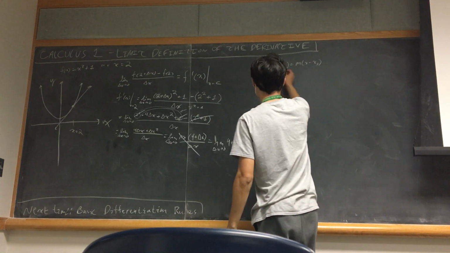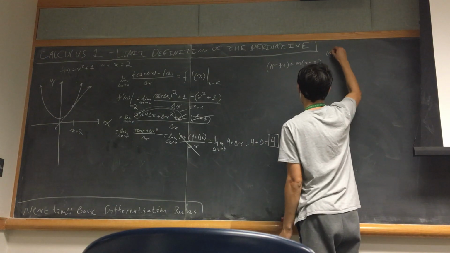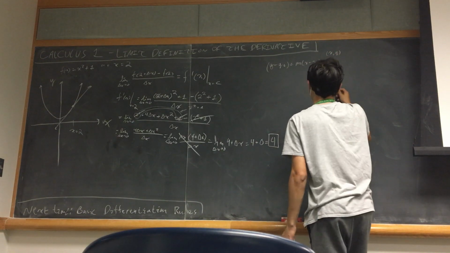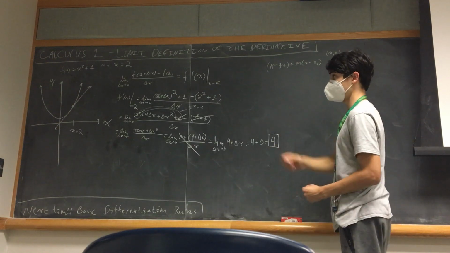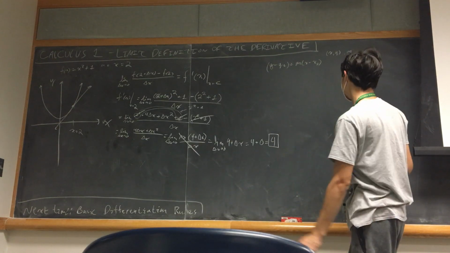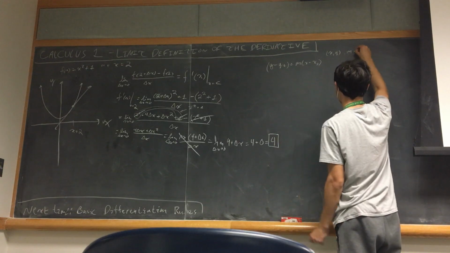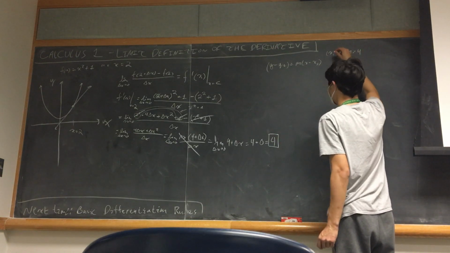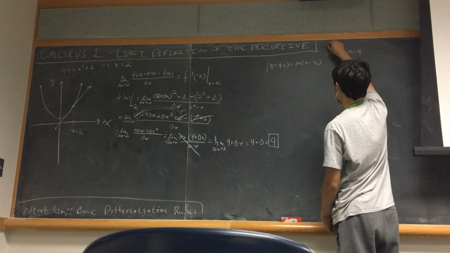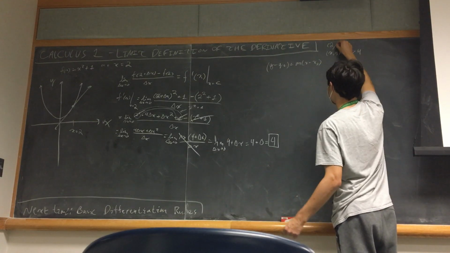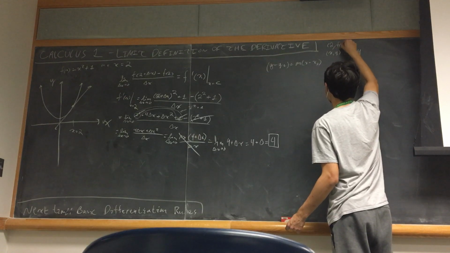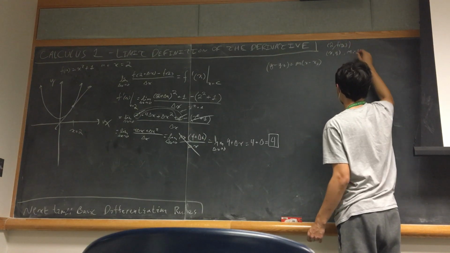So we need to know the point x, y, and we need to know the slope m of the graph of f of x at x equals 2. We've already figured out the slope, so we know m equals 4. And we know that x equals 2, so we have 2 here. And our y value is just going to be f of 2.